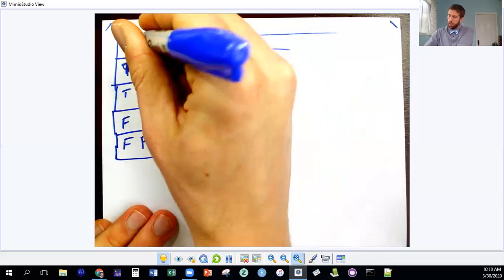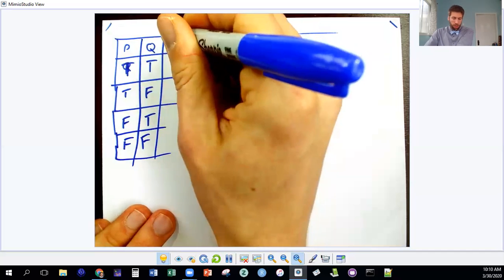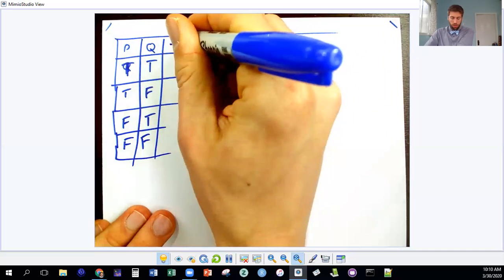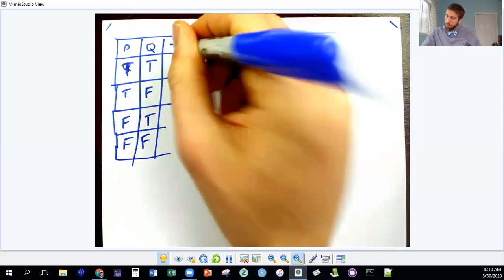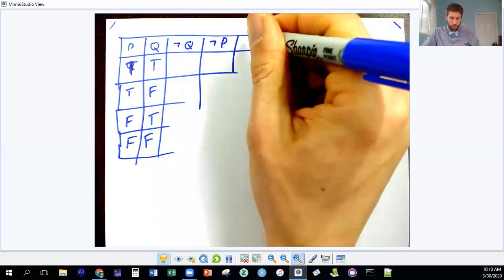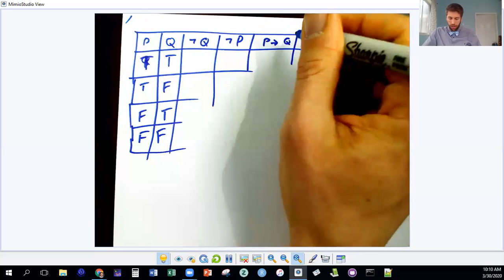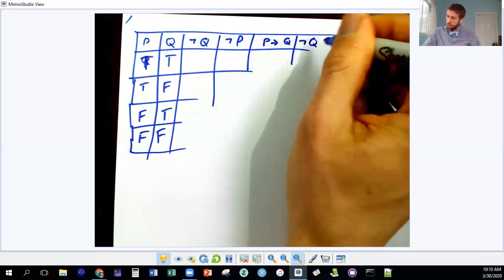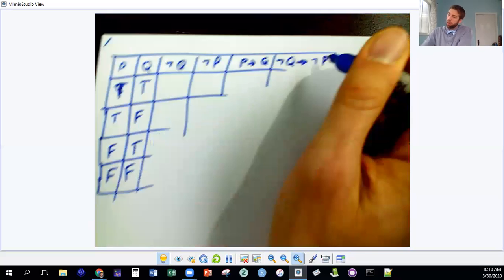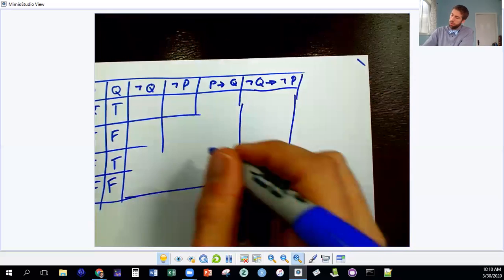Then you've got not P, not Q, P implies Q, and not Q implies not P. Complete that out.